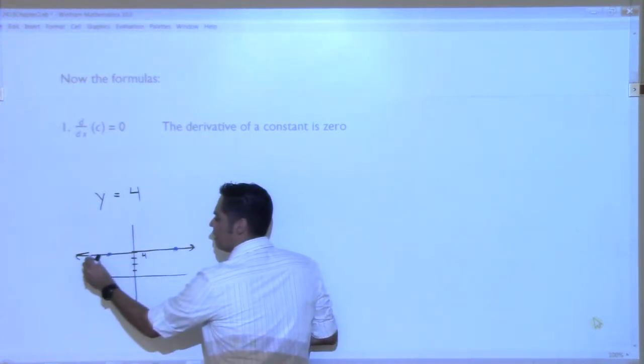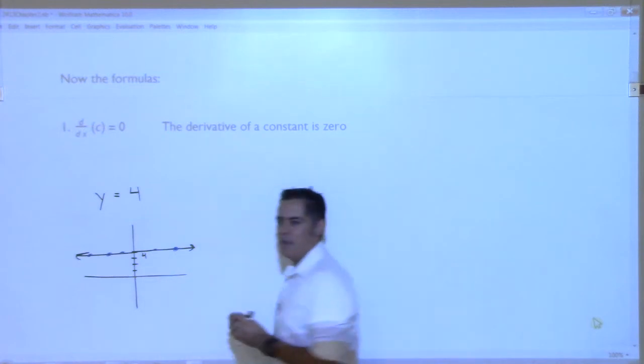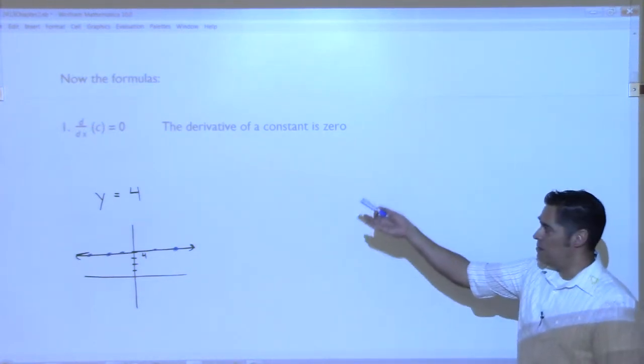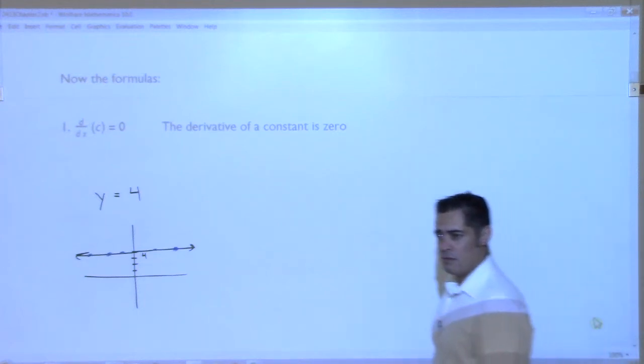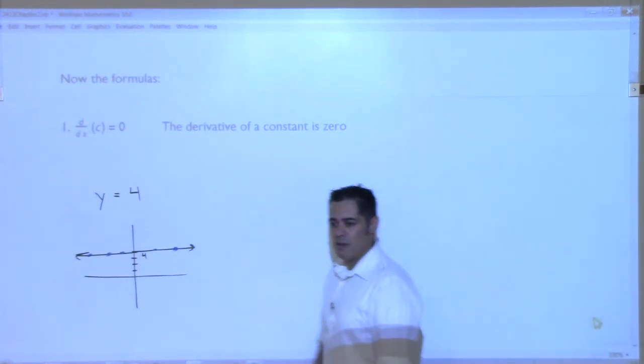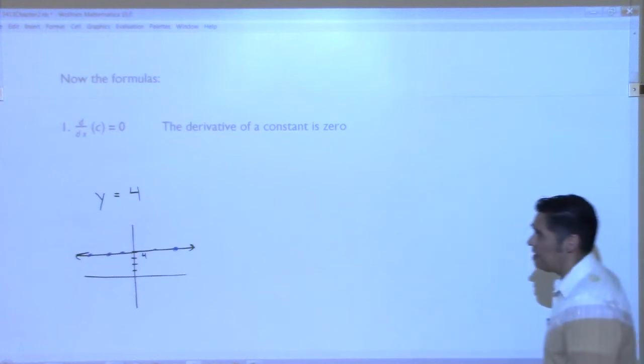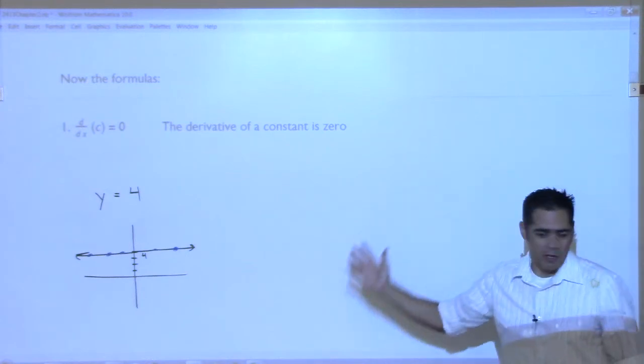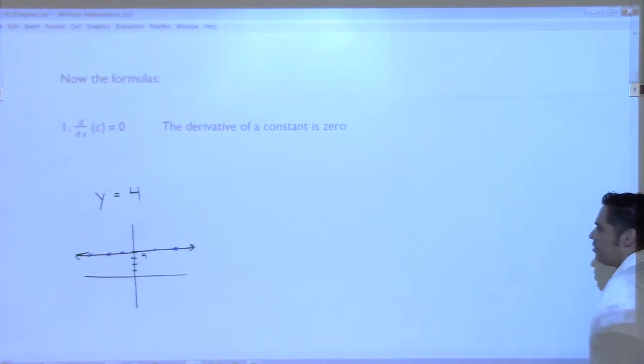You could pick any point, right? Any point you want. The slope of the tangent line at that point is always 0. Make sense? So does it make sense that the derivative is always 0? Done. Okay, so we don't have to worry about that. If we ever see a constant and we need to take its derivative, then the answer is 0. No work. See, already, isn't it great?